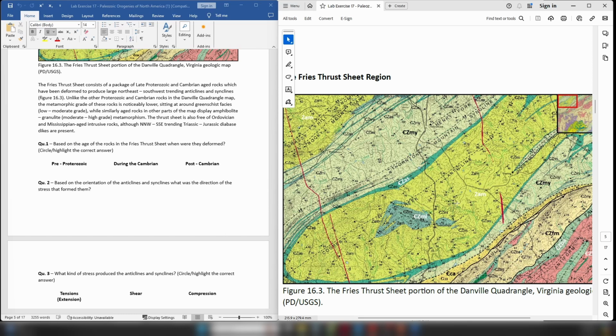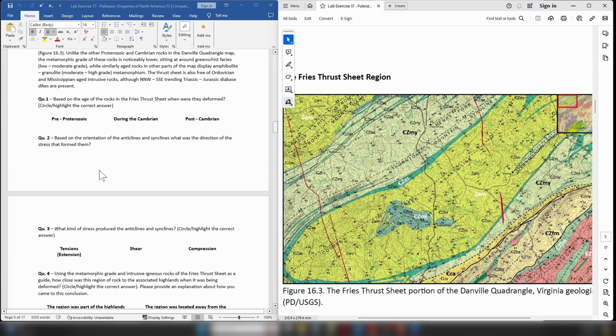So look at the map area and look at the description. See which rocks have been deformed, and then once you know what the maximum age of the deformed rocks is, or should I say the youngest deformed rocks are, that will give you an idea of when the deformation occurred, because it must have occurred after the youngest deformed rocks.